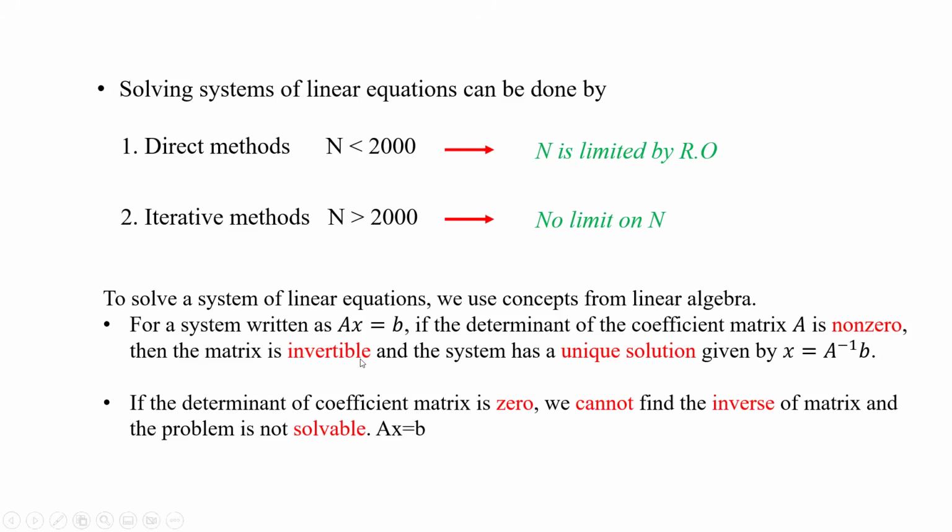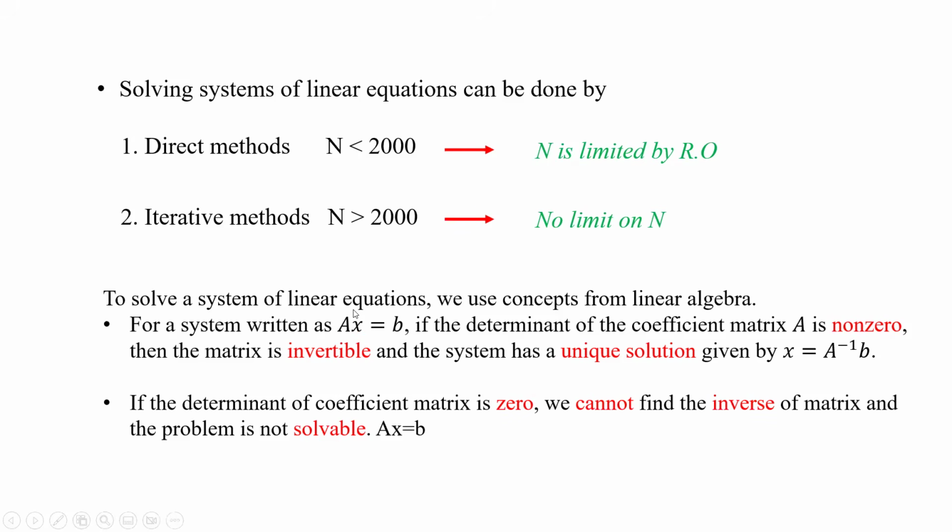Another thing that we have to consider once we are solving the system of equations: we are using linear algebra, so we write the system of equations based on a matrix and vectors. A is the matrix of the coefficients, X is the variables, and B is the right-hand side of the equations.